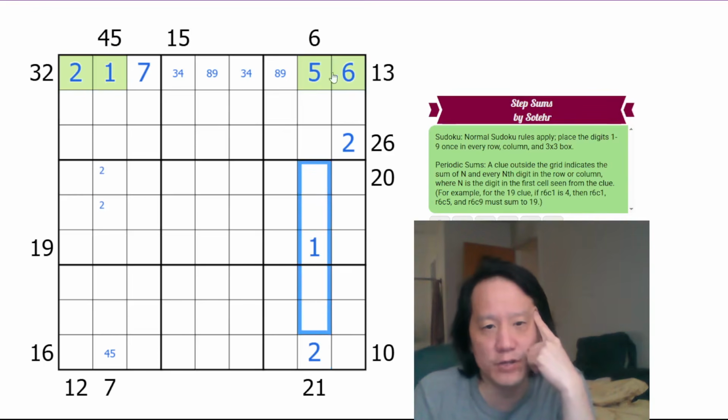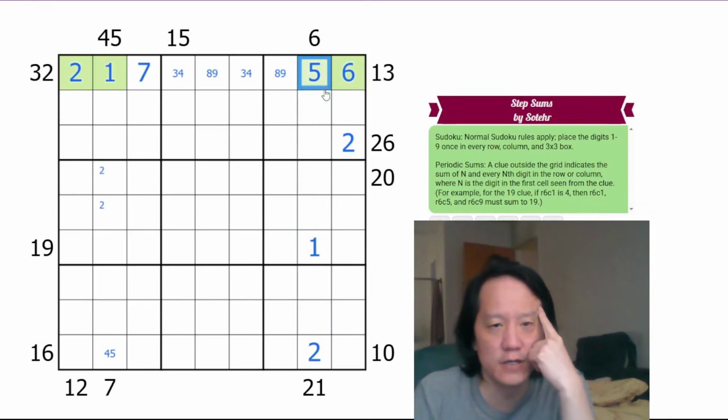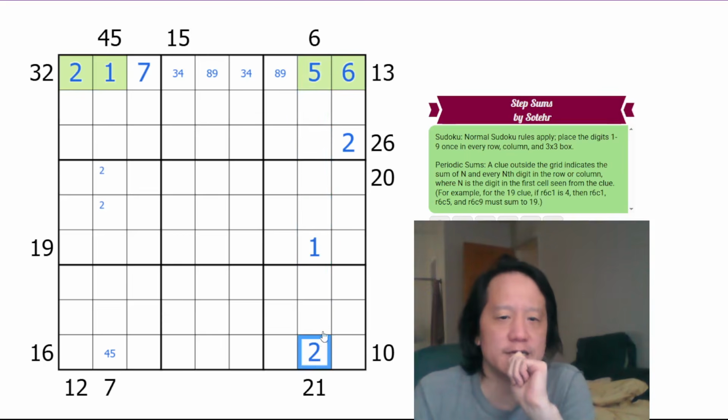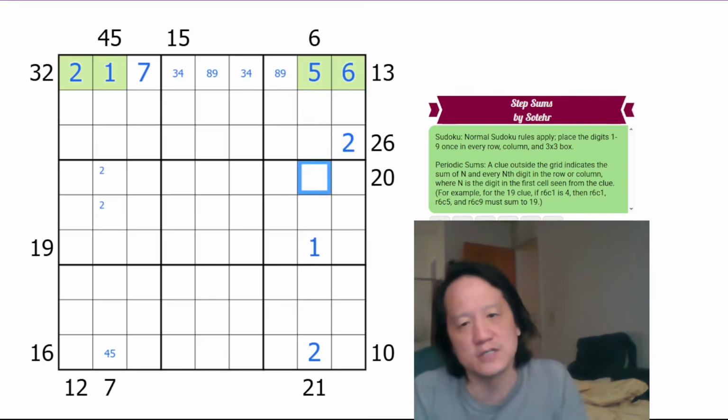One thing we know for this 21 step sum is you don't have the 1 with it. So these 4 digits here must add up to 45 minus 21, which is 24. Well, 24 minus 1 is specifically 23. And 3 unique digits adding up to 23 is only 6, 8, and 9.